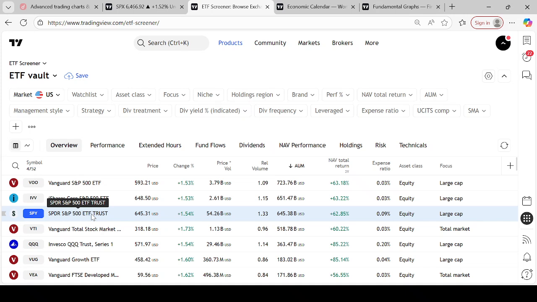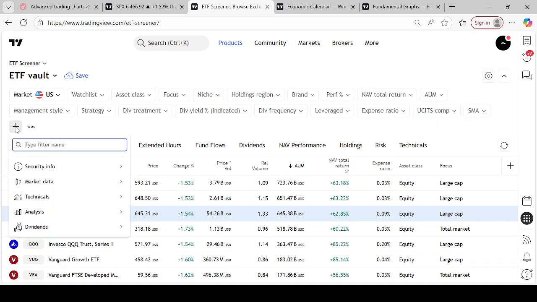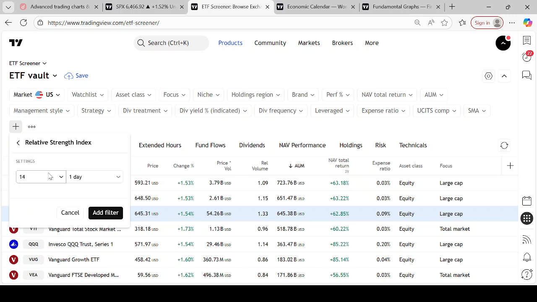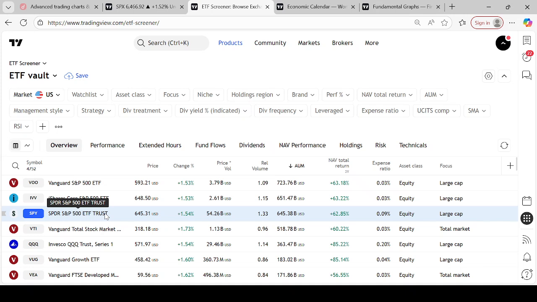Confirming with the RSI, look for sectors with the RSI crossing above 50 from below, indicating potential upward momentum. Then verify if current economic indicators support the growth. Then enter when these conditions are aligned, starting with a small portion and scaling in as the trend is confirmed.